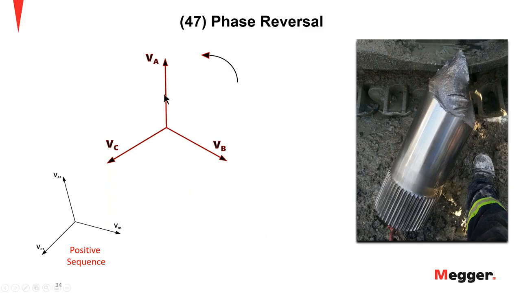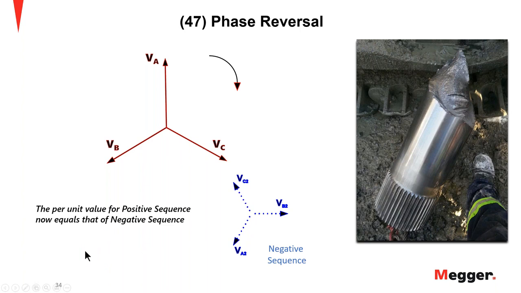So right now we're looking at phase rotation with ABC going counterclockwise, and it's going to give us all positive sequence. If I reverse two phases electrically, then our positive sequence goes down to a very low value. And now we're going to get a 1 per unit value for what we had in positive sequence, now equal to that of negative sequence.